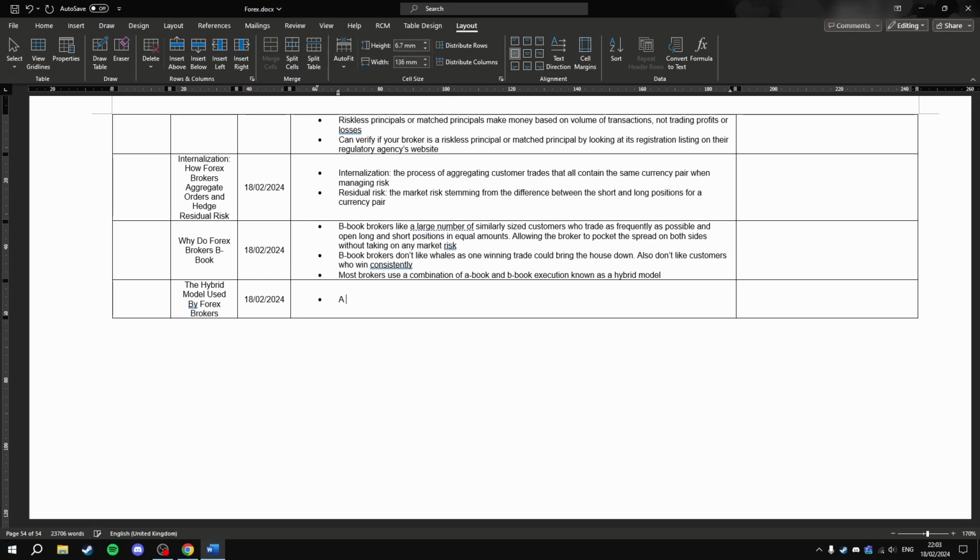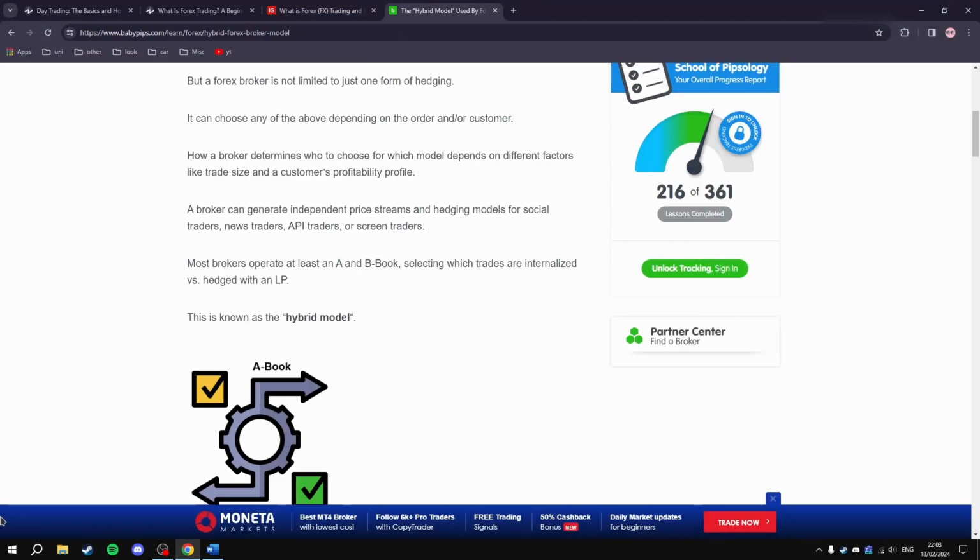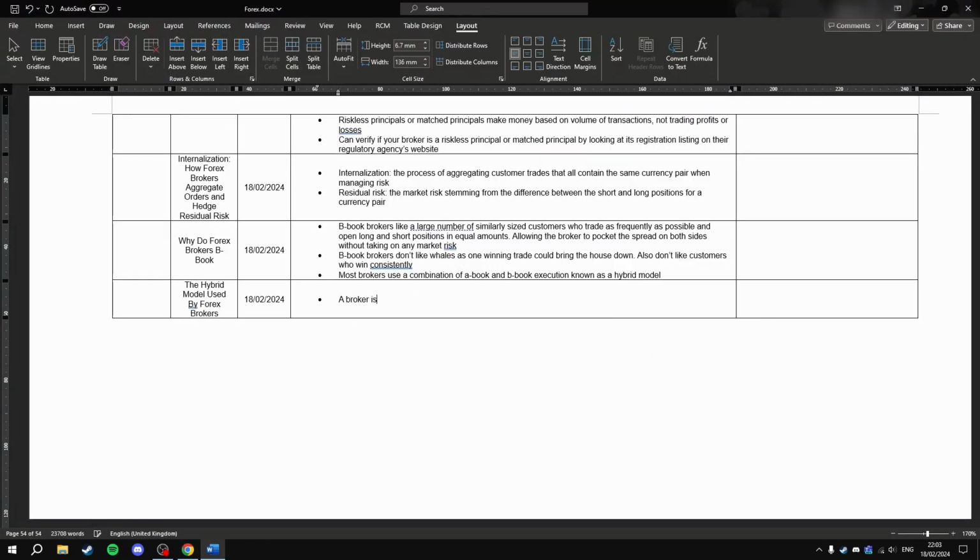A broker is not limited to one form of hedging.